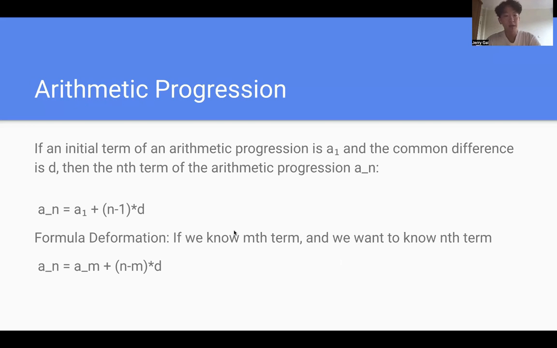And there is a formula deformation: if we know the mth term instead of the first term in the progression and we want to know the nth term, then an is just equal to am plus (n minus m) multiplied by d. You need to memorize these two formulas in order to solve the questions.